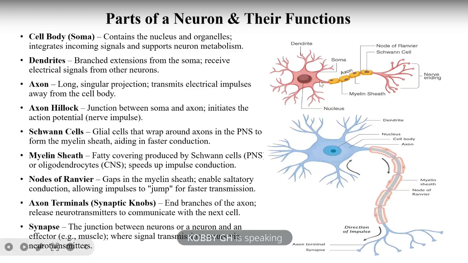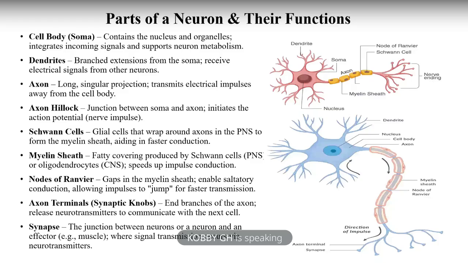For an impulse to be transmitted along this axon, the inside of the axon has to be positive and the outside has to be negative. But ideally, when the neuron is at rest, no impulse is being transmitted. When it is at rest, the inside is negative. For an impulse to be transmitted along the neuron, the inside has to become what? Positive. Please understand this principle before we move on.